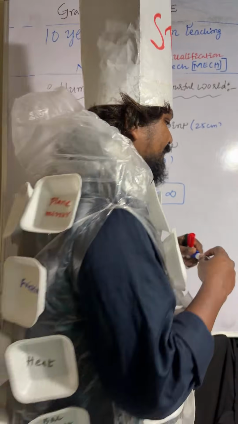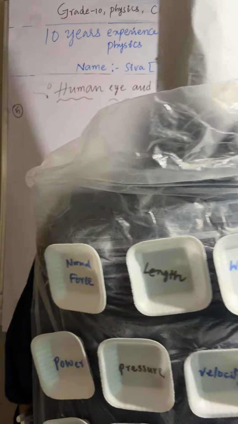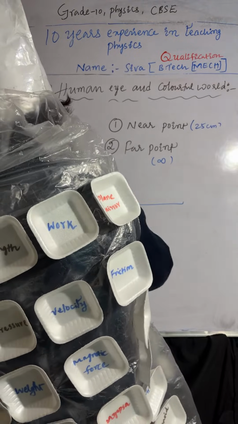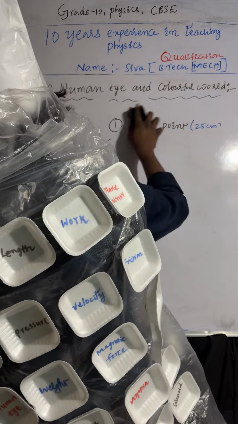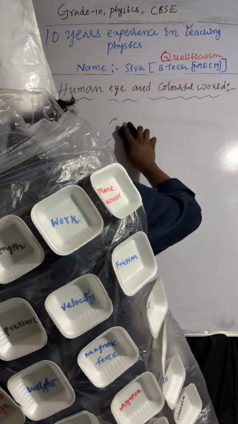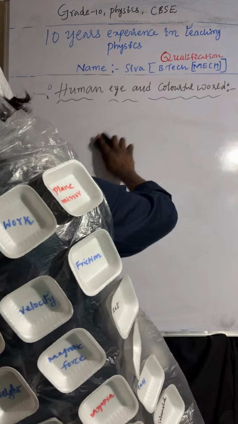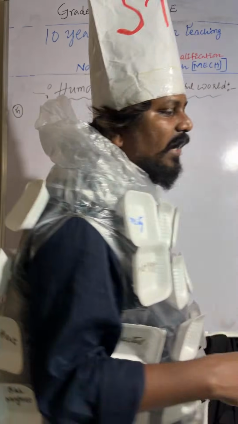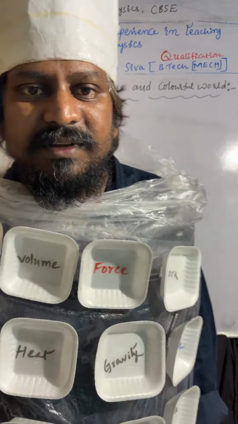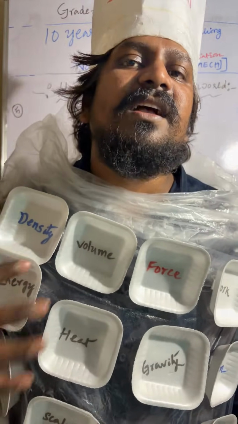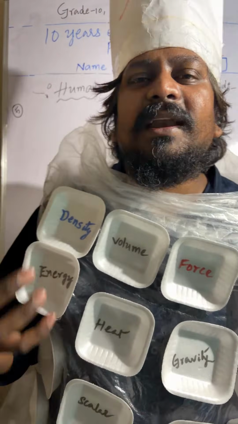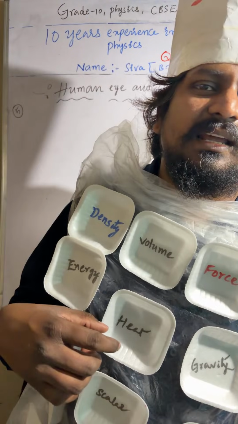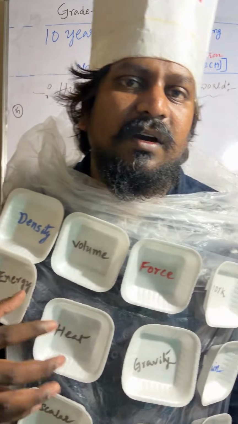Next one. When you want to see a nearby object as well as a far object, the ciliary muscles will adjust the curvature of the eye lens, so that the eye lens adjusts its focal length, and we are able to see nearby objects as well as far distance objects.